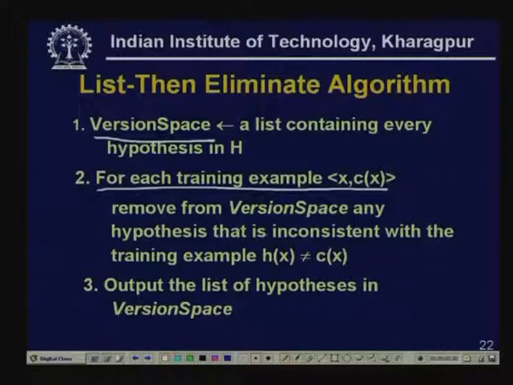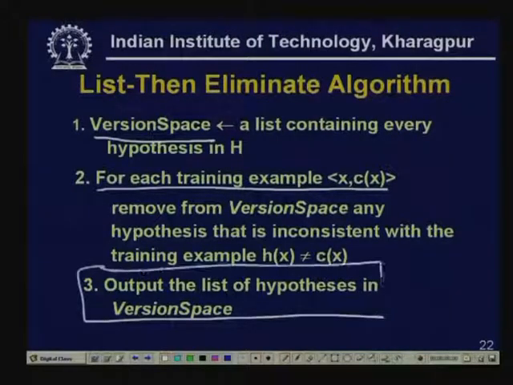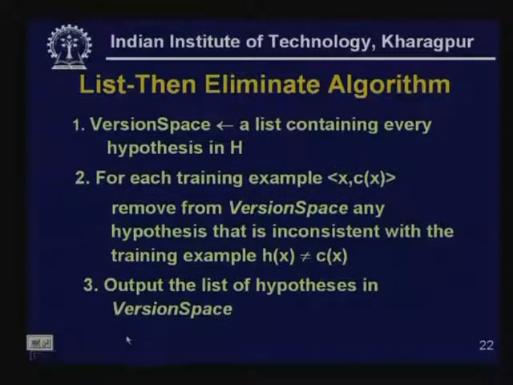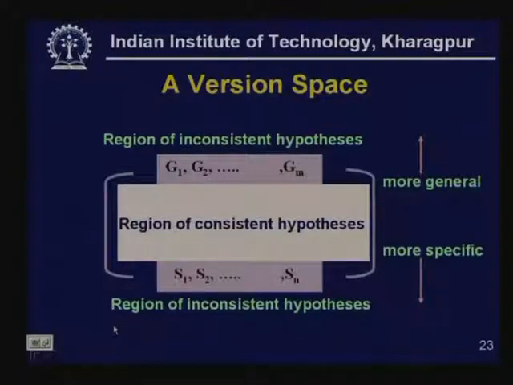We remove from the version space any hypothesis inconsistent with the current training example. At the end, we output the list of the hypotheses remaining. This is the basic version space algorithm, and obviously, it is not practical because the number of such hypotheses is very large.